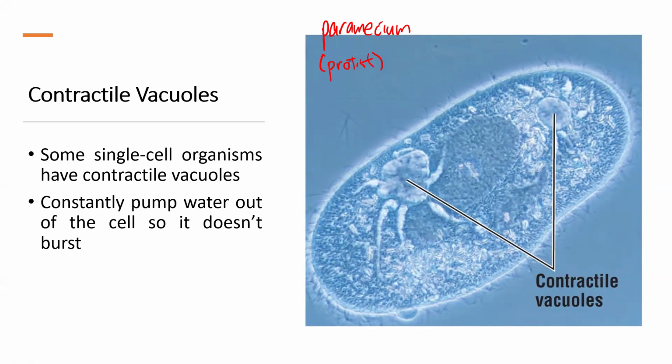So there is going to be a contractile vacuole here, which constantly squeezes and pumps out the excess water to keep it from dying. Okay, so we don't have these contractile vacuoles. Plants don't have them, but some other organisms, like the protists, they do. Okay, so you can see one here.